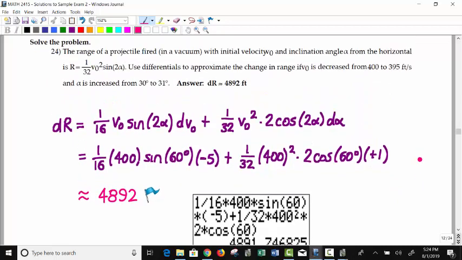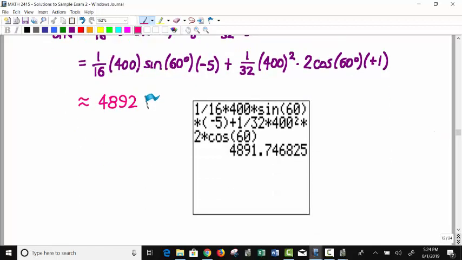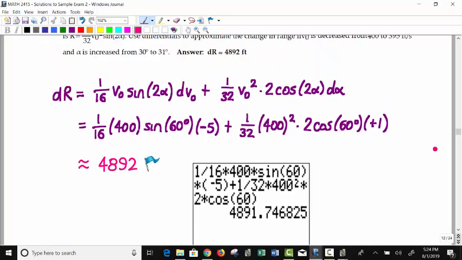I got roughly 4892 as the rate of change for the range based on those values. The approximate rate of change. That's what differentials are doing. They're approximating the actual rate of change. I guess we could have calculated the actual rate of change just to see how close this answer is, but that's okay.